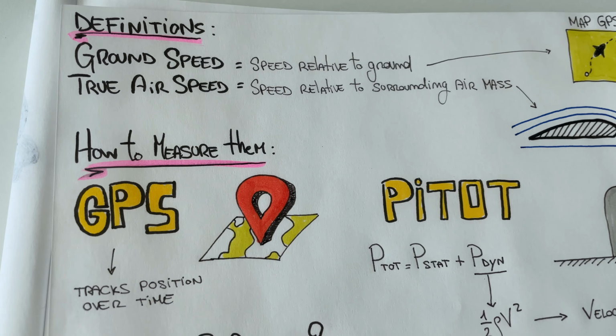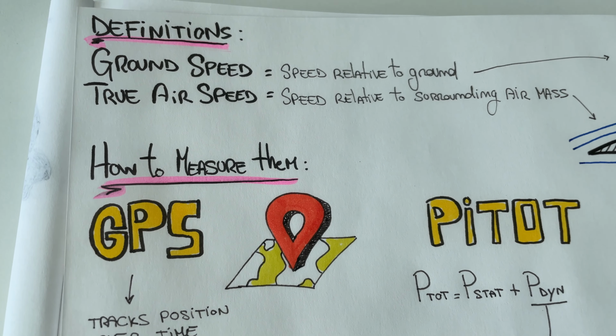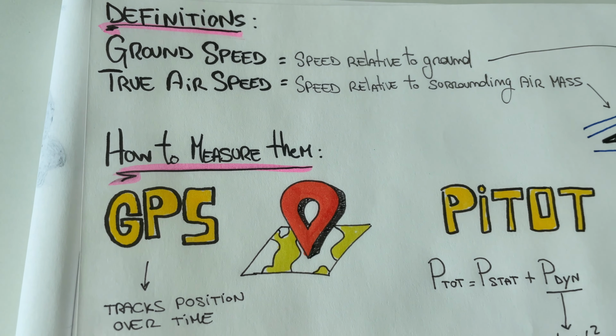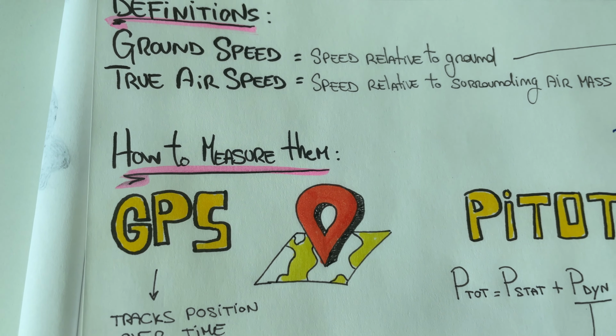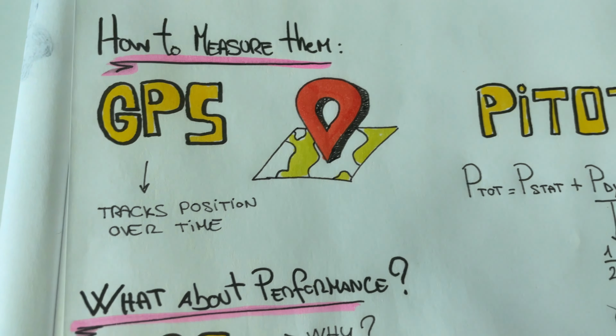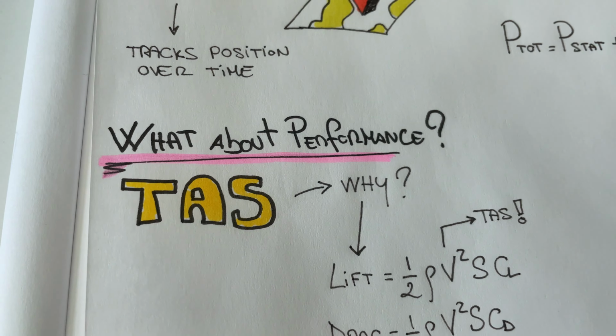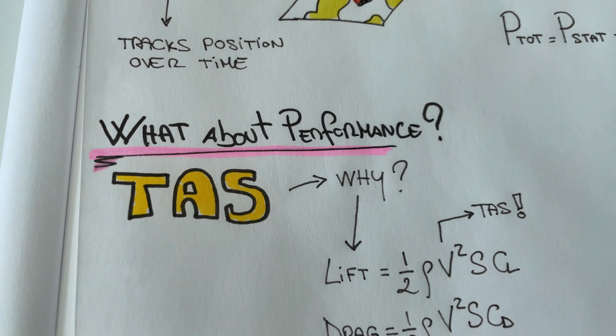Yeah, cool, but which one of these two speeds matters for wing or parachute performance? When we want to evaluate the performance of our wing, true airspeed is the critical measure we have to look into. Why?